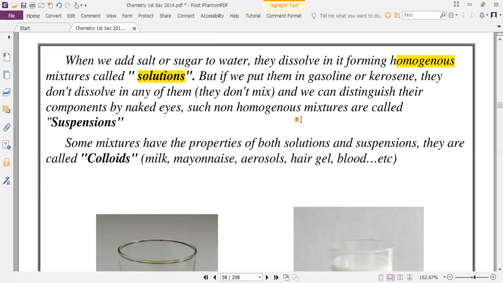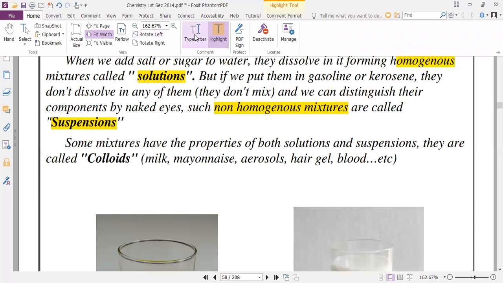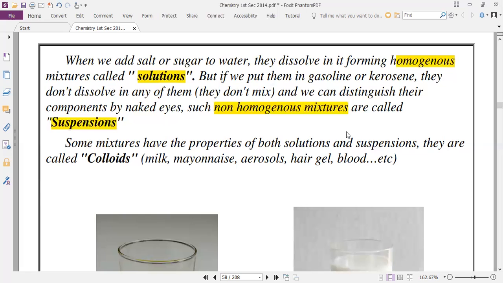The other is called a non-homogeneous mixture, which can be called suspension. Any problem till now?